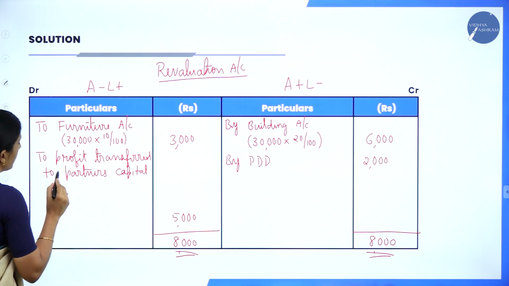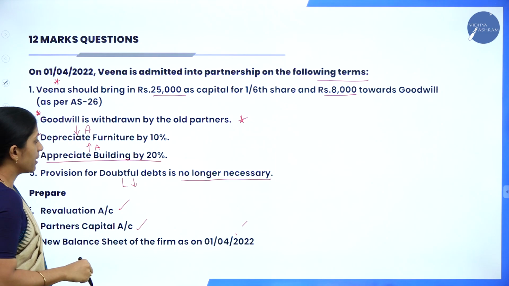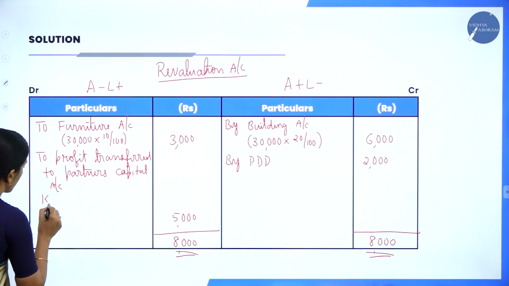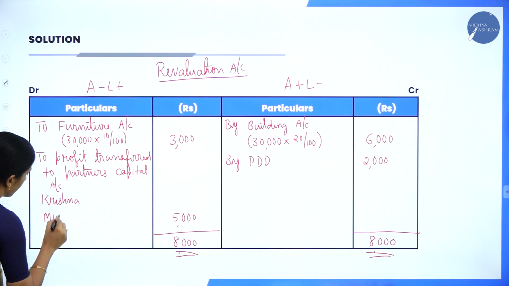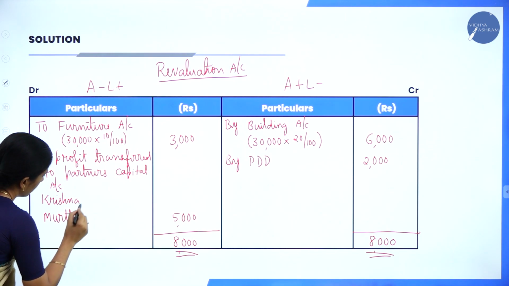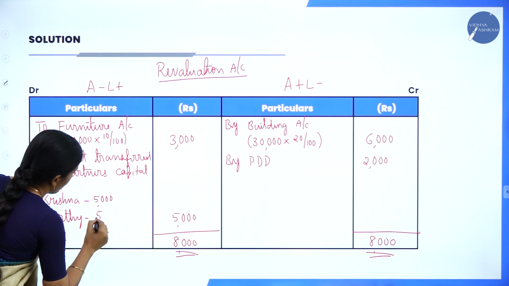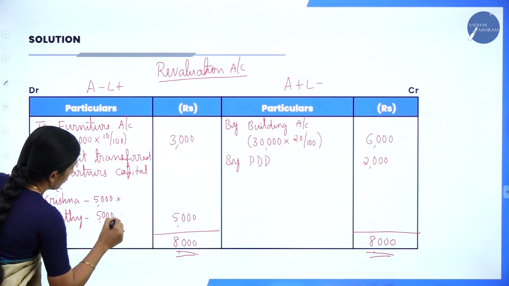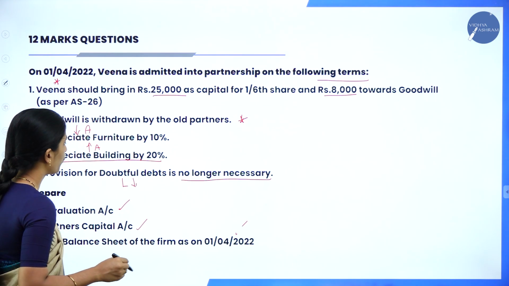Now who are the partners? Krishna and Murthy, only the old partners. And the profit is 5,000 into their profit sharing ratio. So their profit sharing ratio is 6:4.